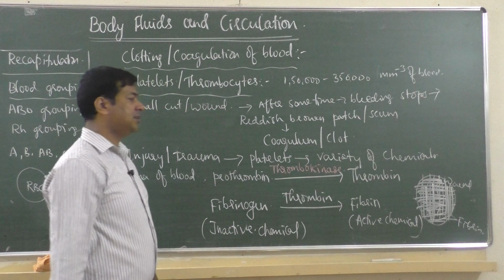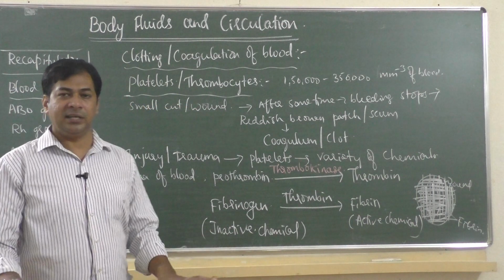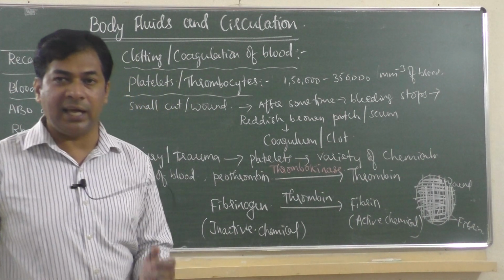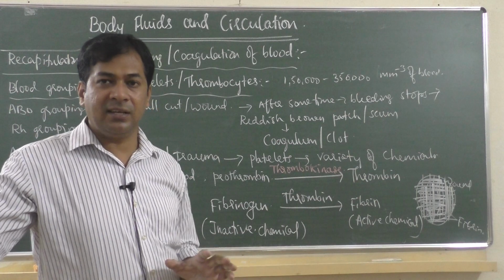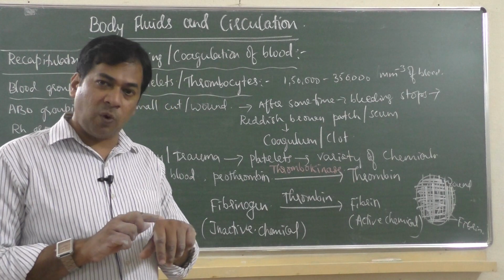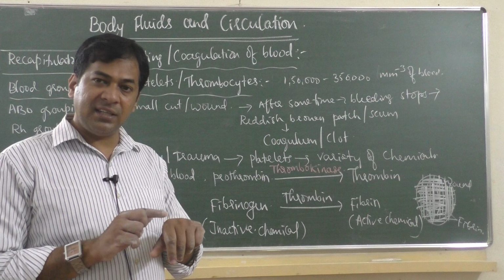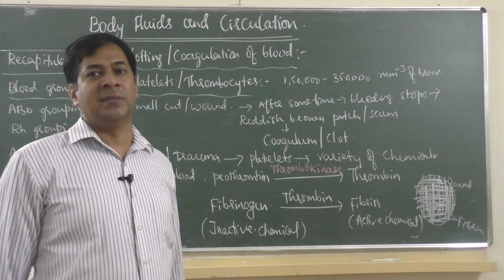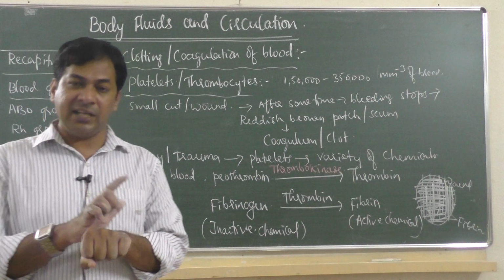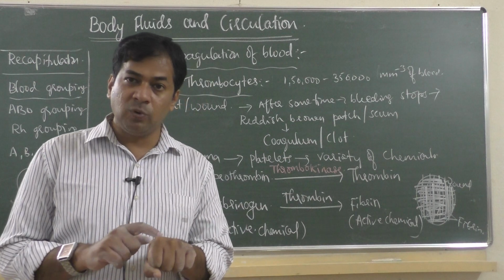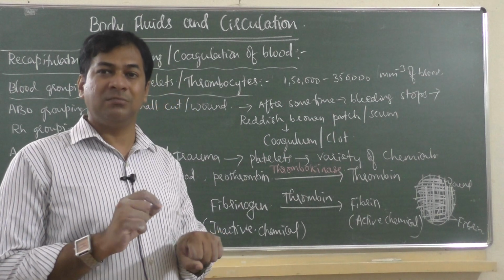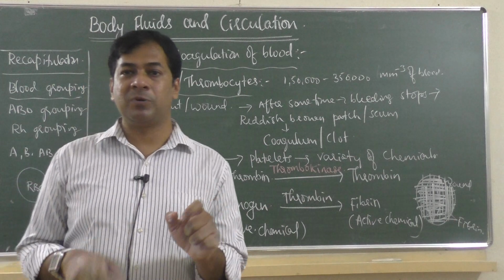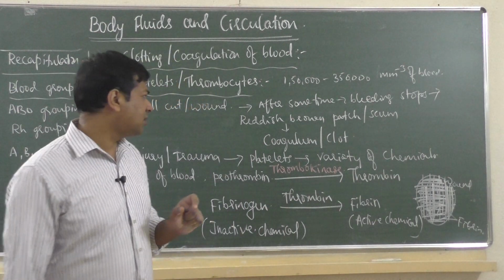Fibrin will block that area, because when it is exposed to air, it becomes dry. First it is watery, then it becomes dry, then dark brown in color. When bleeding stops, at the wound area a reddish brown scum is produced. It is called a clot or coagulum.